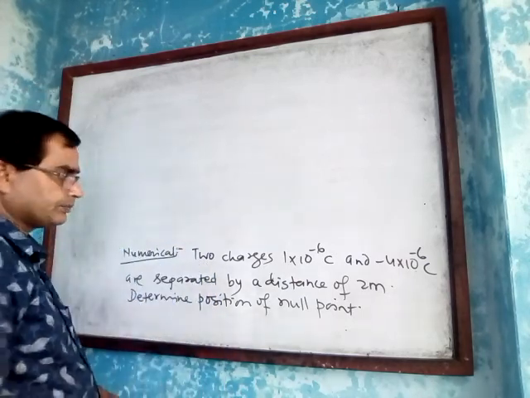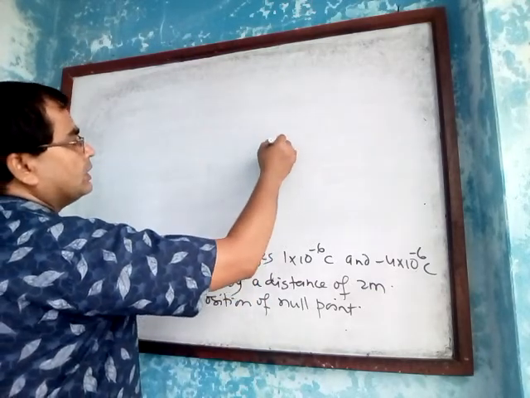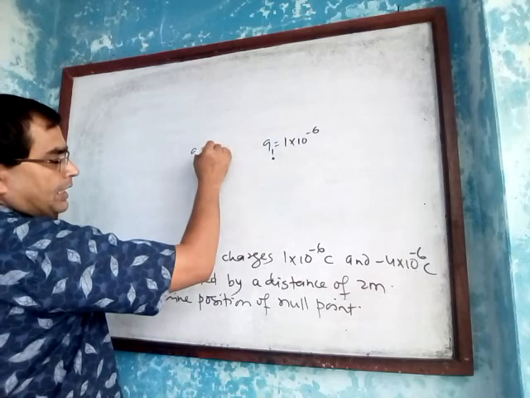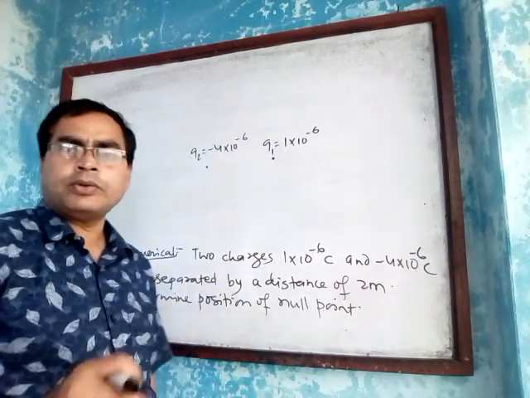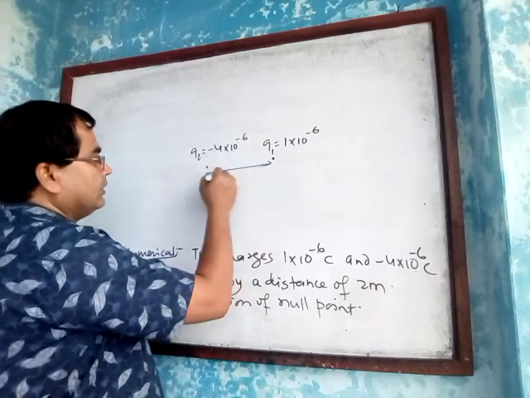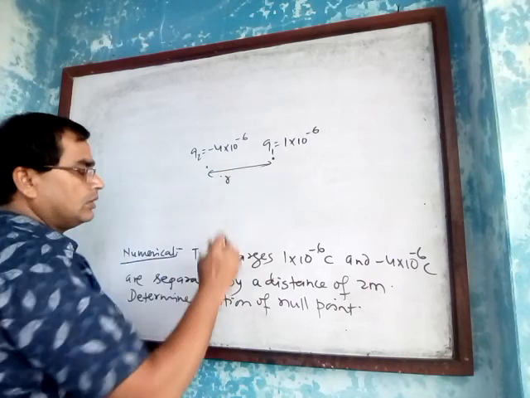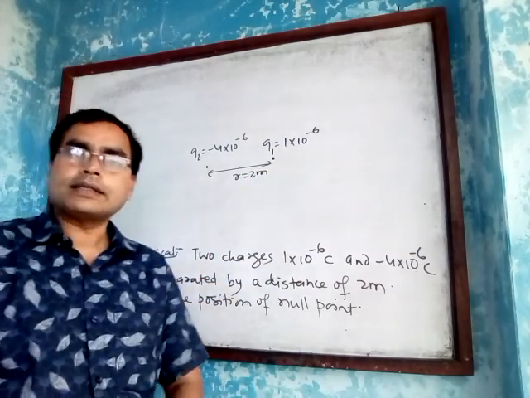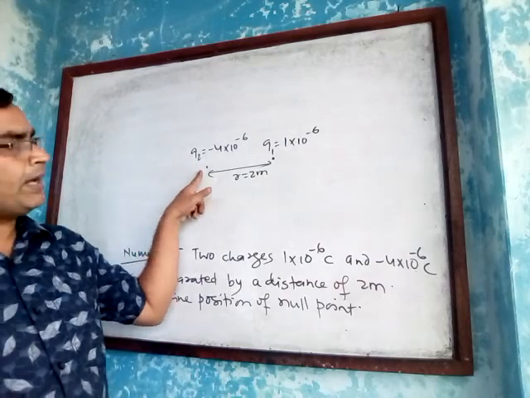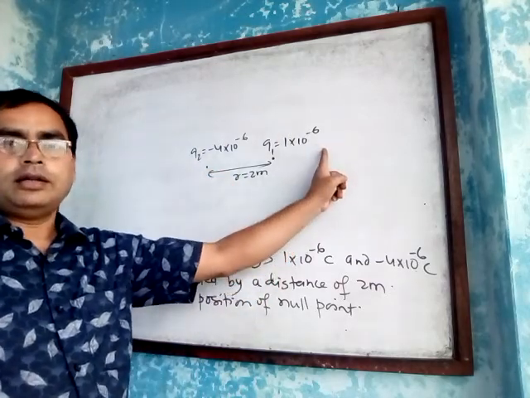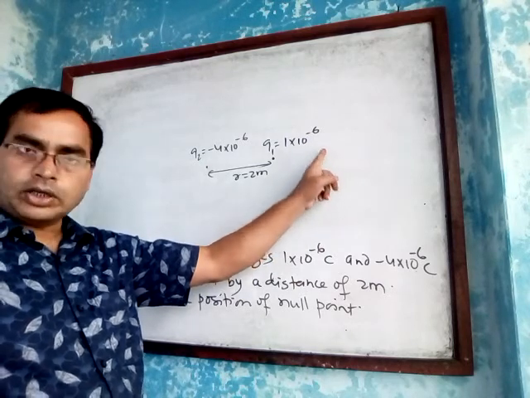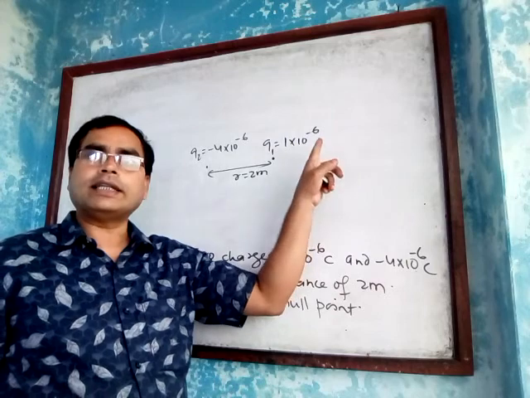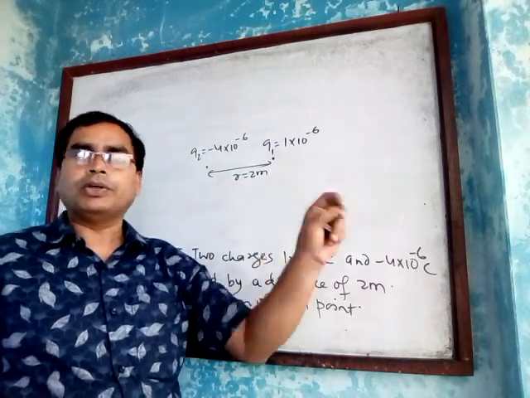And that's why, if this is charge Q1 equals 1 into 10 to the power minus 6 and this is another Q2 equals minus 4 into 10 to the power minus 6 coulomb, we have to place another charge in such a way that the force exerted by this charge on the test charge, or the third charge, and the force exerted by the other charge on the third charge must be equal and opposite.